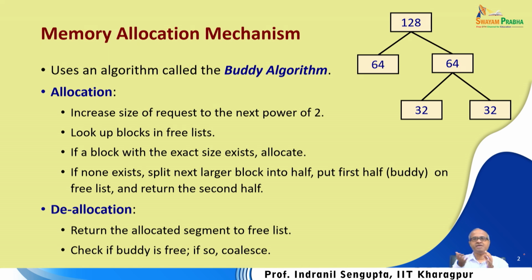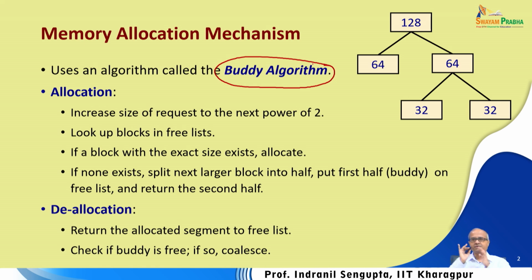So, one by one it has to be allocated. But if you can allocate all 500 kilobytes at the same time, then you know that this is the requirement, you give it at the same time, and the process can run more efficiently. Now, the concept of this buddy algorithm, which is used in Linux, is based on this motivation.